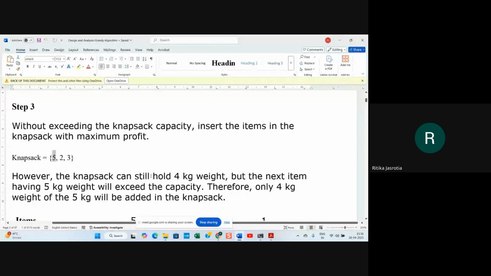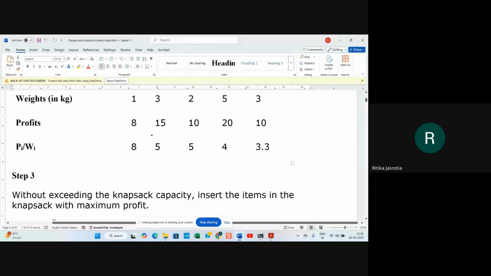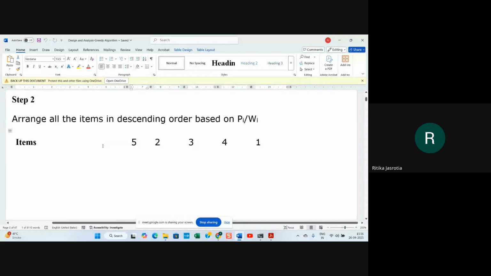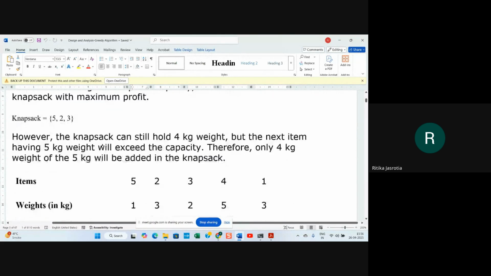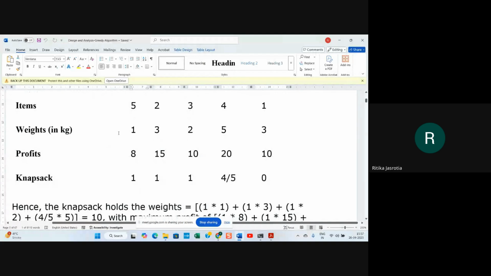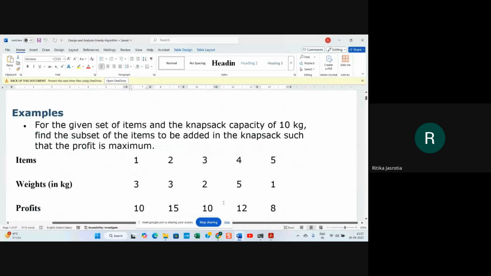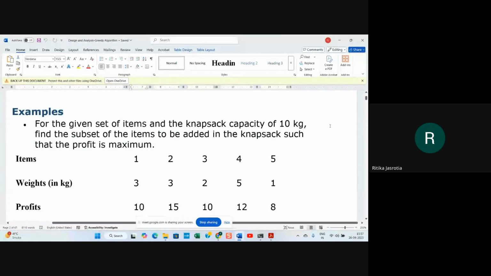The fifth item has 1 kg weight, so we have filled 1 kg of the knapsack. I think they are saying 10 kg, but they are calculating according to 5 kg. I don't know.